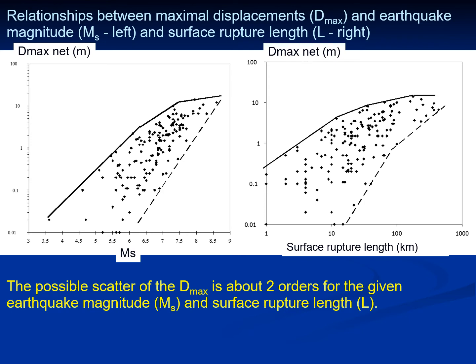Each point shows the maximal displacement during a particular earthquake included in the analysis, on the left versus earthquake magnitude, and on the right versus surface rupture length. The possible scatter of maximal displacement is about 2 orders for the given earthquake magnitude and for surface rupture length.